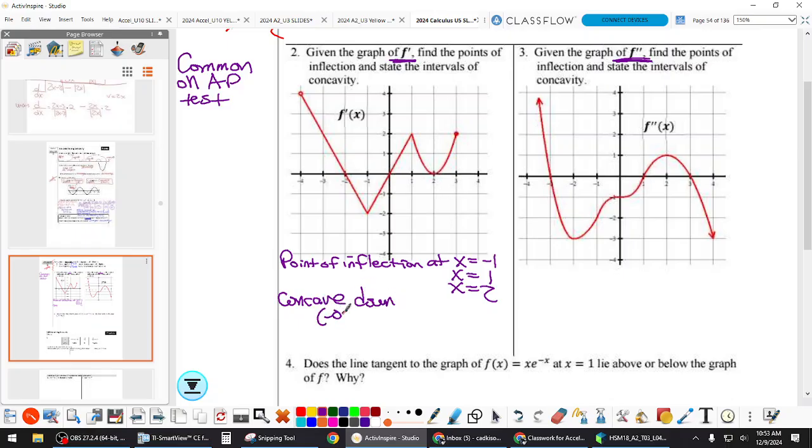So negative infinity to negative 1. Where else? 1 to 2. Okay, and then concave up on the other intervals. So negative 1 to 1. And then 2 to 3.